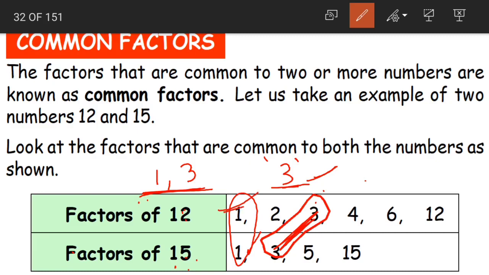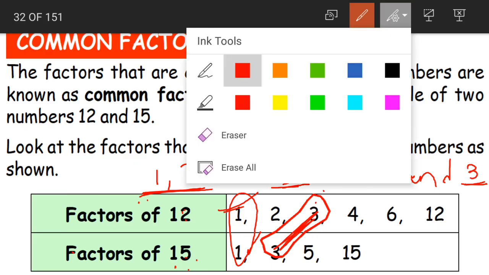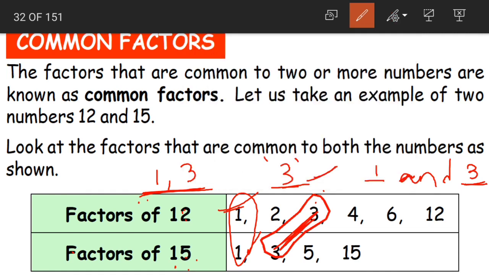But in the exam, if they give you the common factors of 12 and 15 are dash and dash, if two places are there, then you have to write 1 and 3. If there are two places, remember to write both the given factors.